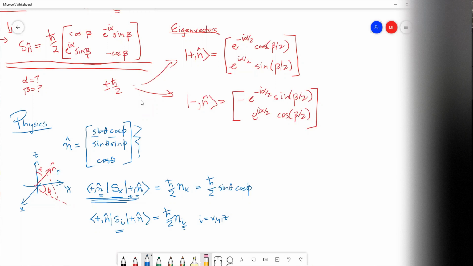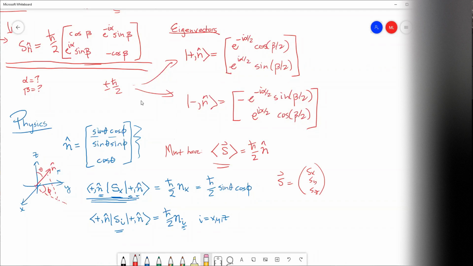So in general, if I wanted to write this in vector notation, the physics tells us that, for this to make any sense, the expectation value of the spin vector, and by the spin vector, I mean a vector of operators where you measure the x, y, and z components, must be equal to h bar over 2 n hat.